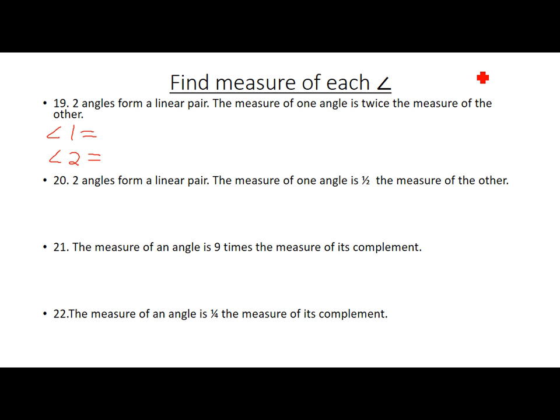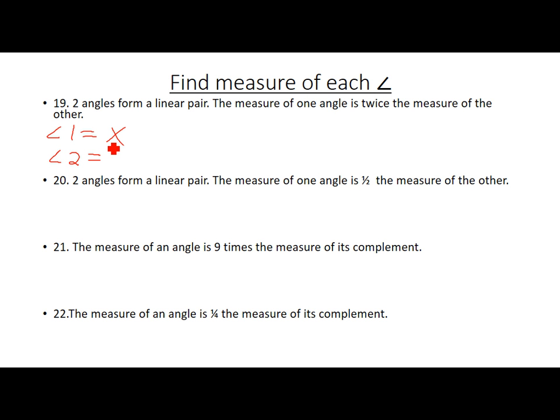So if I have angle 1 here and I don't know what angle 1 is, last year in algebra you learned anytime you don't know something, what do you put in? X. So I'm going to make angle 1 X. Sometimes it'll be X, sometimes it might be something different, depending on how they describe it to you. They said the measure of one of the angles is twice the other one.